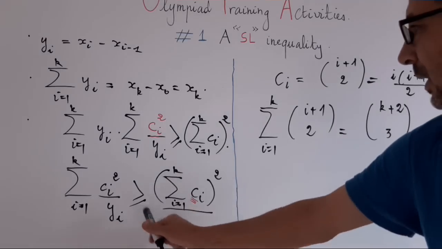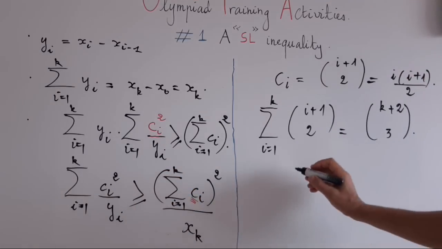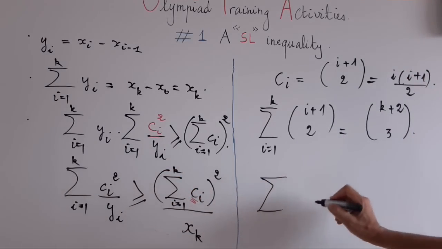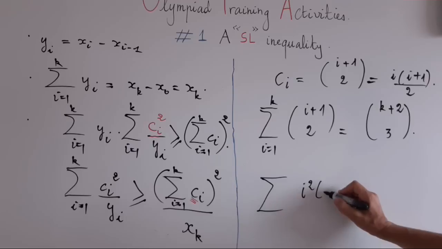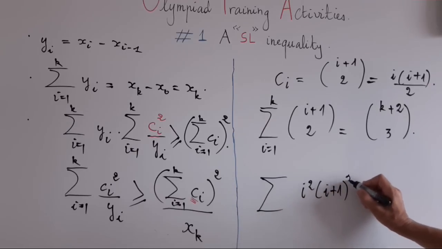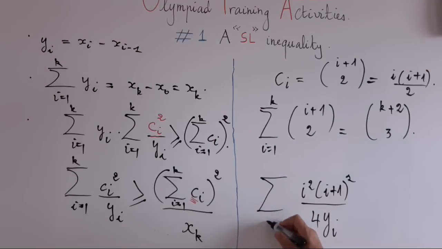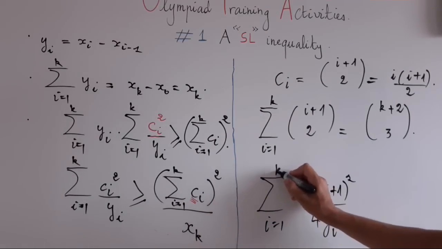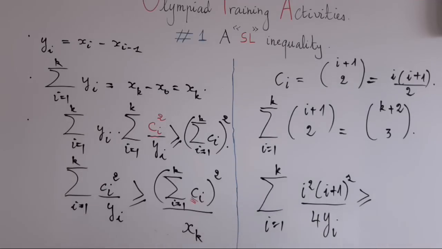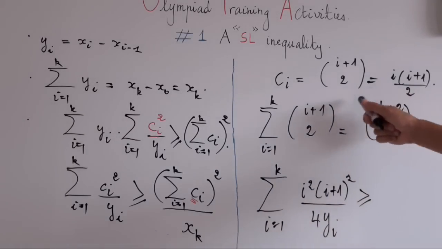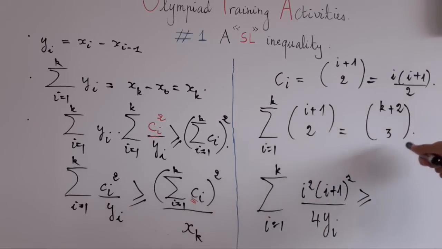And so our inequality here becomes i square, i plus 1 square over 4 yi, sum from 1 to k, is greater than, and here it's also calculable.